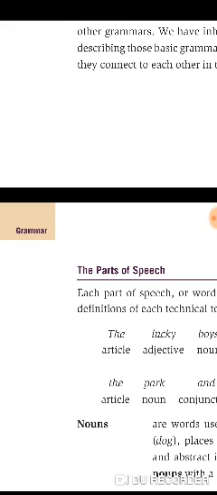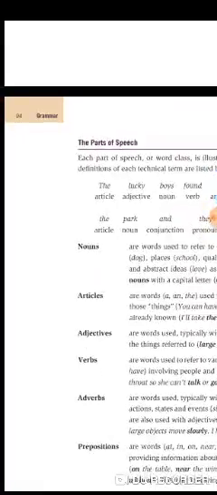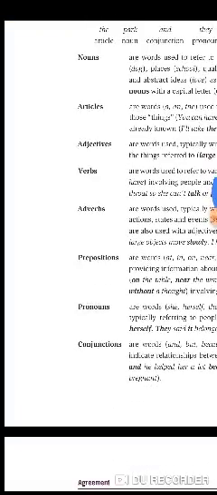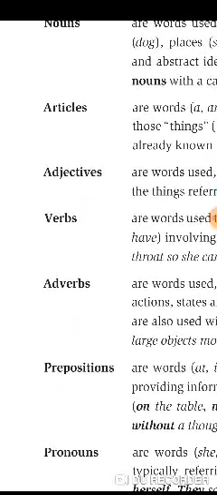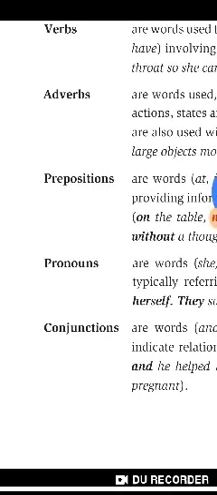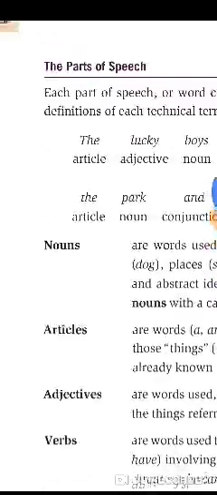They are a noun, an adjective, an article, a verb, an adverb, a preposition, a pronoun, or a conjunction. These are the things that the grammarians at that time found about Latin and Greek.